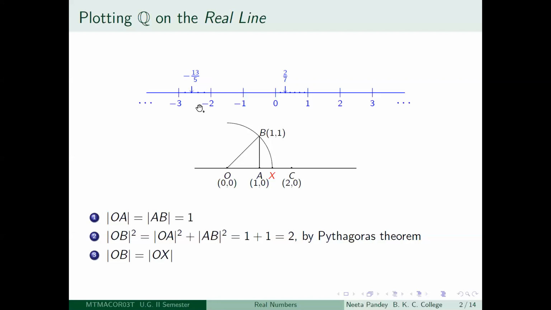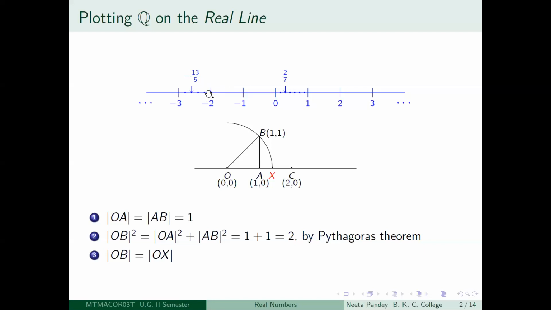So how are you going to plot this number? You just see the denominator is 5. So you partition this line segment between the points corresponding to -3 and -2 in 5 equal parts. And then you take the point which is describing the end of the third part starting from -2, because it was -2 -3 by 5, right?